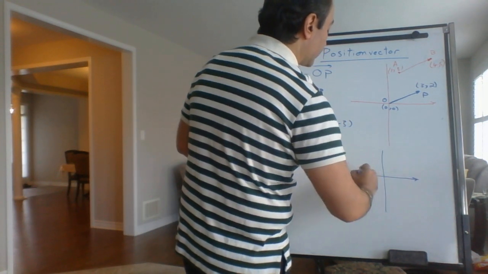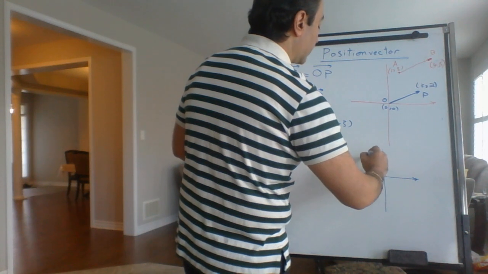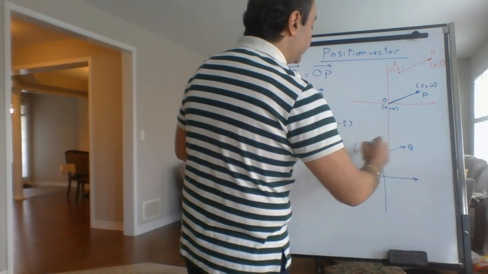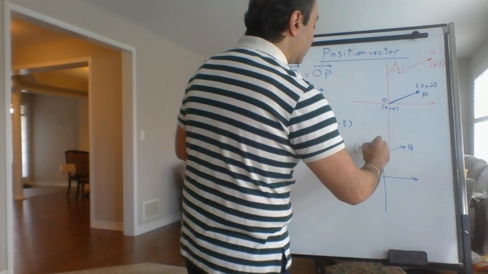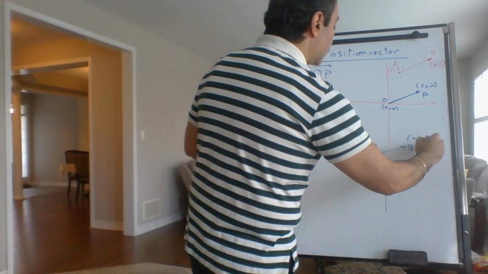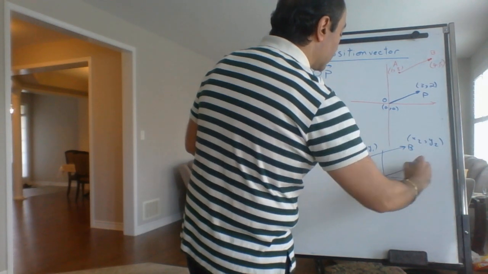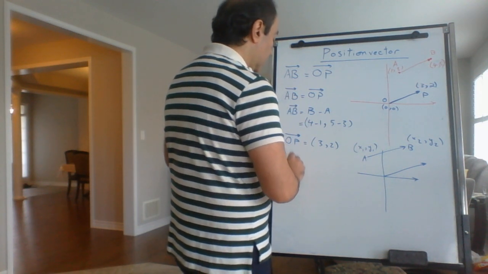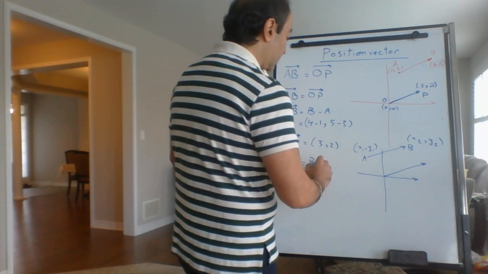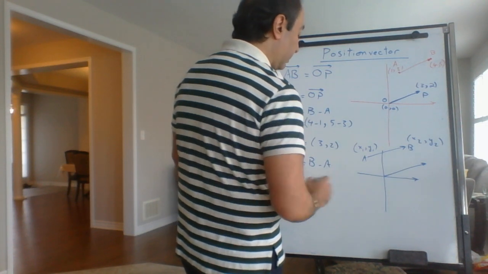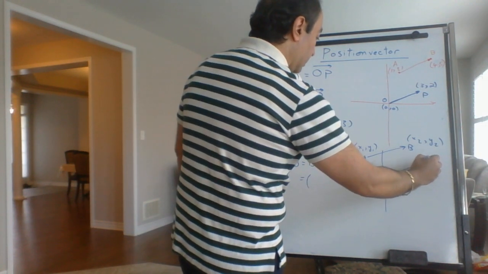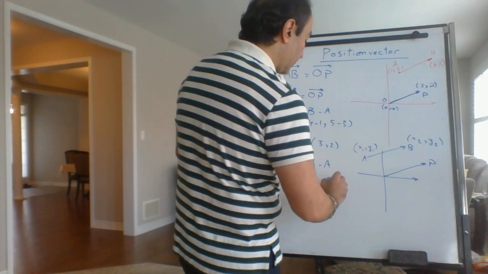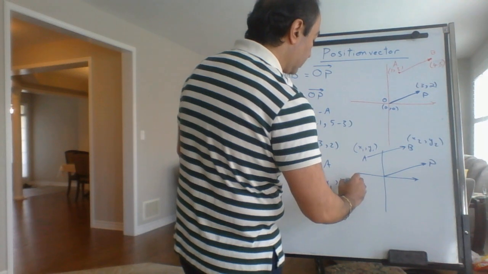So in order to find the position vector, or to represent any vector, like let's say this is AB, and A has x1, y1, and B has x2, y2, and I want to represent it with a position vector. So vector AB will equal B minus A, and that will give us the head of this position vector, which is x2 minus x1, comma, y2 minus y1.